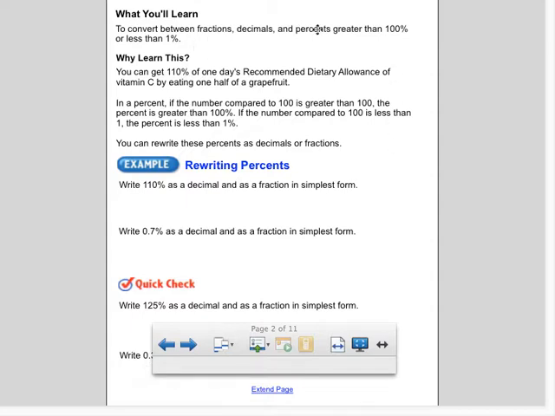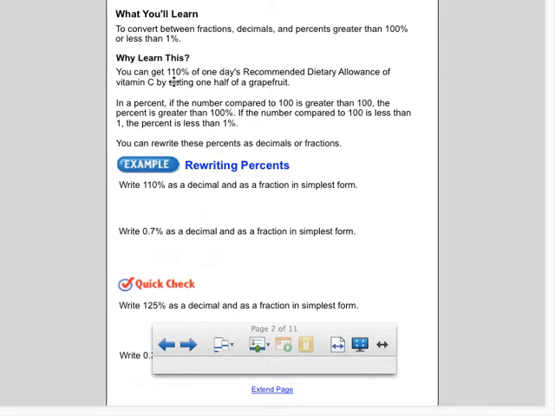So we're converting between fractions, decimals, and percents that are more than 100% or less than 1%, okay? I find that most students are pretty good at fractions or decimals or percents that are greater than 100%. This is where I see students making the most mistakes, and you'll see why in a minute, okay? Why learn this?